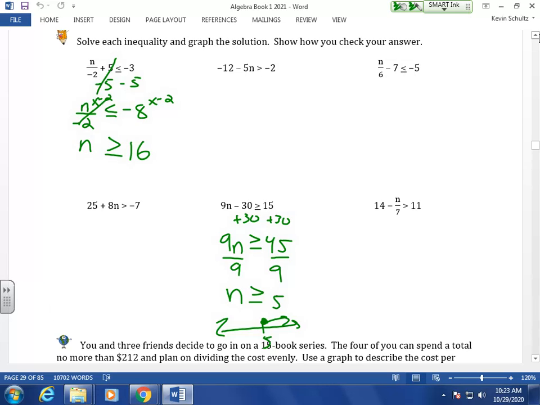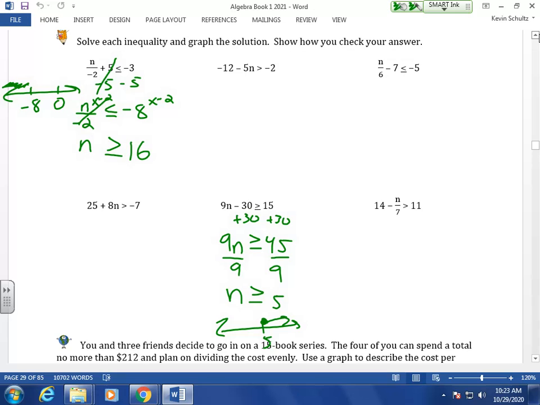Right? And the reason why is that if we're less than -8, that's going away from 0. Think where -8 is on the number line. -8 is here, 0 is here. If we're less than that, we're going away from 0. So when that flips to the positive side, we also have to be going away from 0.